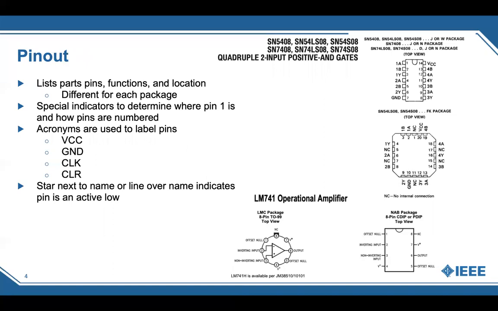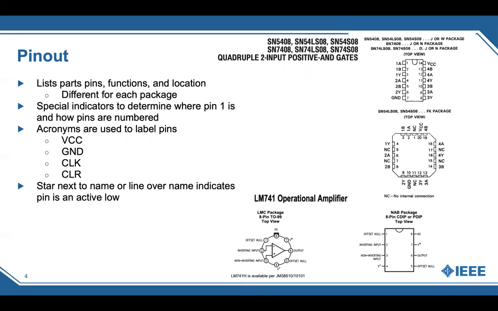So on the right, the one on the top is the one that you'll typically use in classes, if anything, and it's just a 14 pin. This is the one that you'll typically use with a breadboard or something. And the one on the bottom is a different package which can be used for different applications, but it's still the same chip and the same functionality.